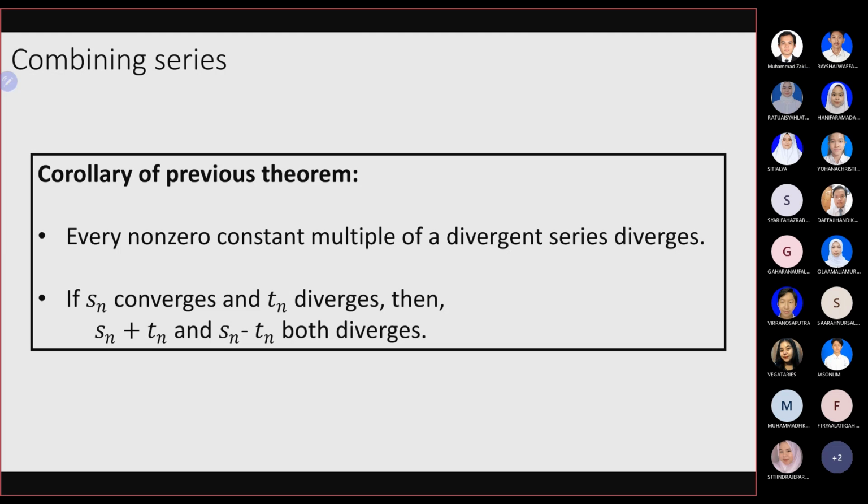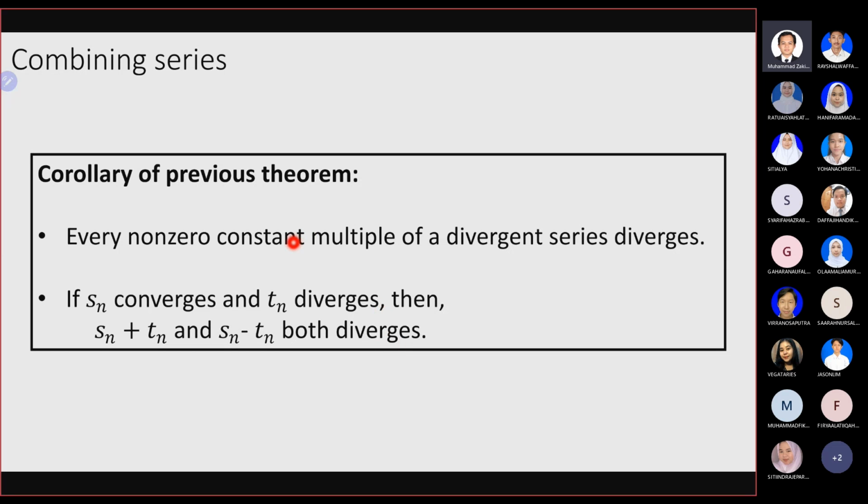So in this case we have that every non-zero constant multiple of a divergent series diverges, and if Sn converges and Tn diverges, then both the sum rule and difference rule always diverge.